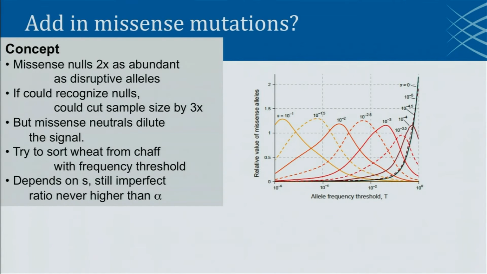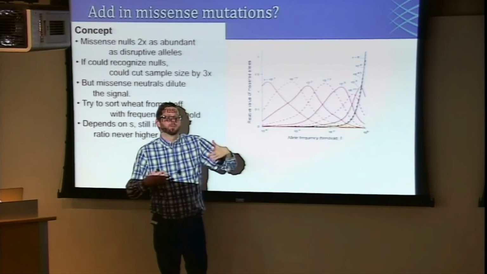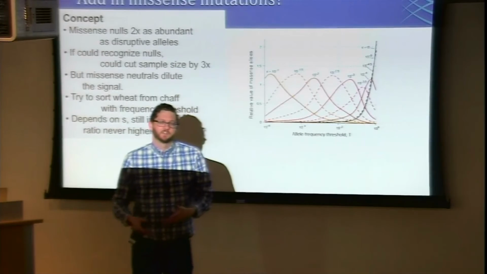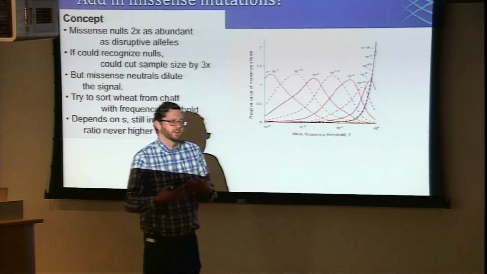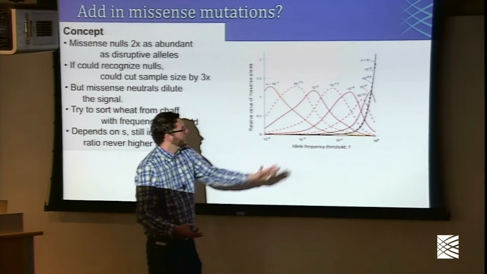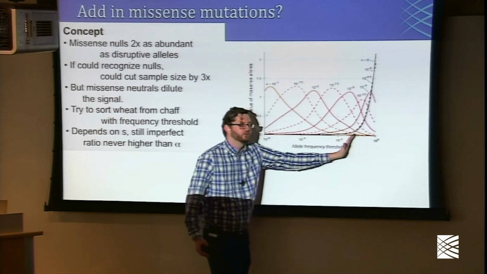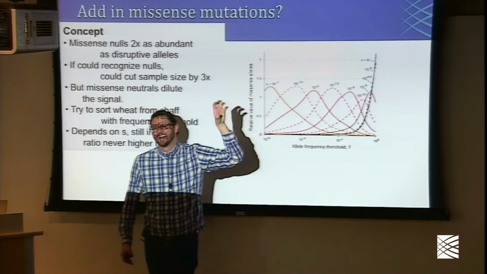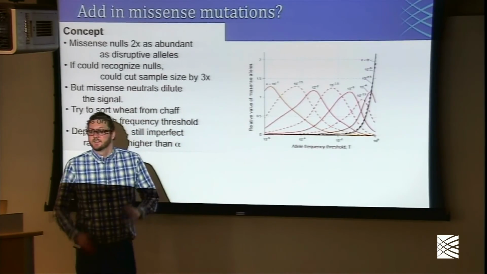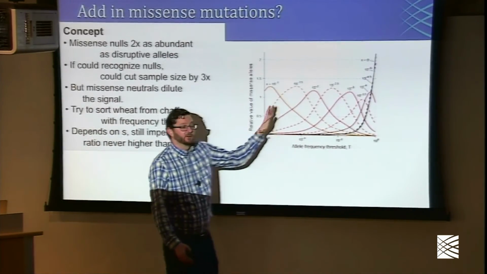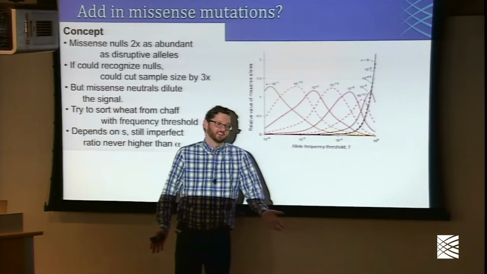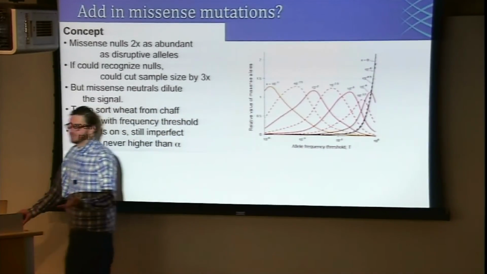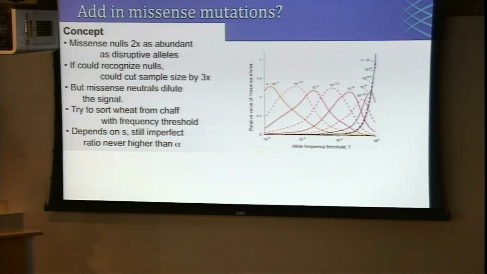You impose different frequency thresholds, and the peak for where you're optimizing the inclusion of missense mutations changes as a function of the selective pressure. So you have to push this frequency threshold rarer and rarer, the stronger the selective pressure is against a given class of mutation. This is all well and good if we knew what the S was, but we don't know what the S is. That makes things harder for us. So, there's some uncertainty.